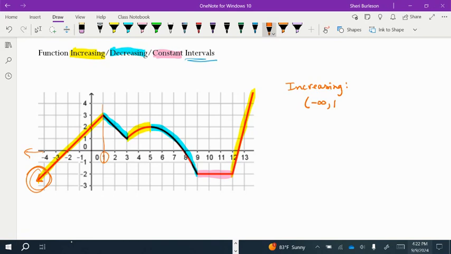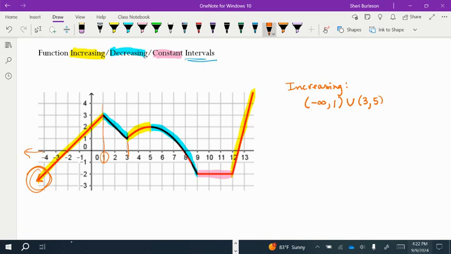And then there is some debate as to whether or not the function is actually increasing at the end point. Most of the time you see at the end point that it's not increasing and decreasing at the same time there. So usually you see that with a parenthesis, not equal to, and then we do union, and then it is increasing again from 3 to 5.